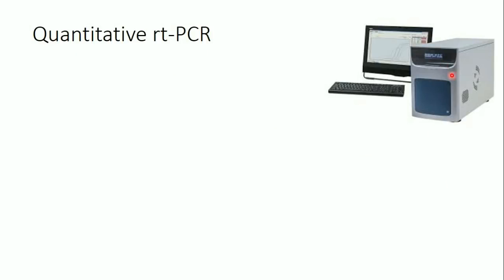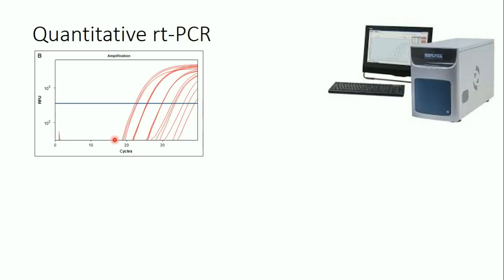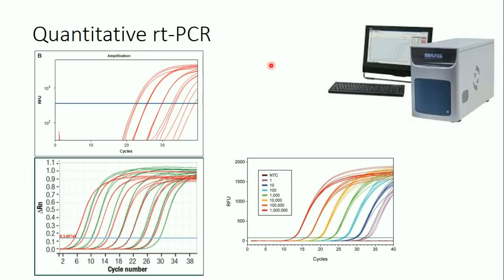So this is the machine of real-time PCR. Normally it's connected to a computer program, which gives me the data in this form, what we call the amplification curve, or in this form. Anyway, it's the same. We have the same elements.